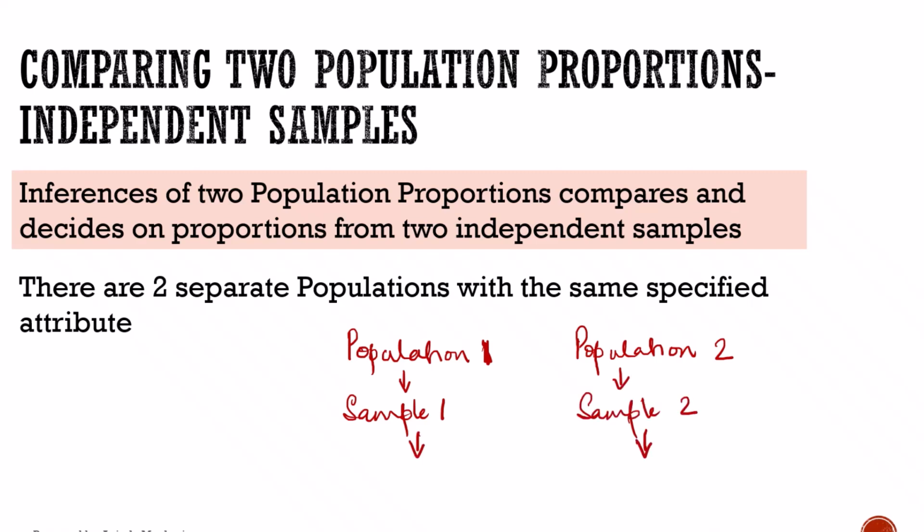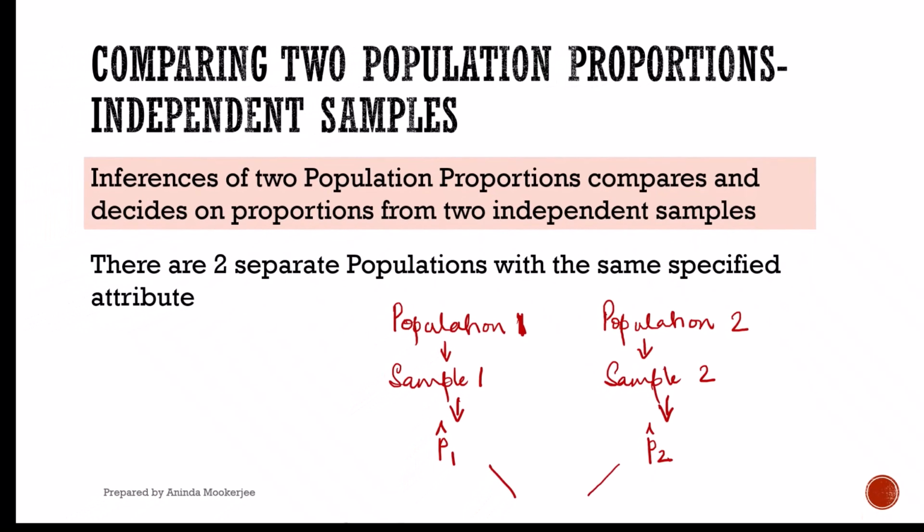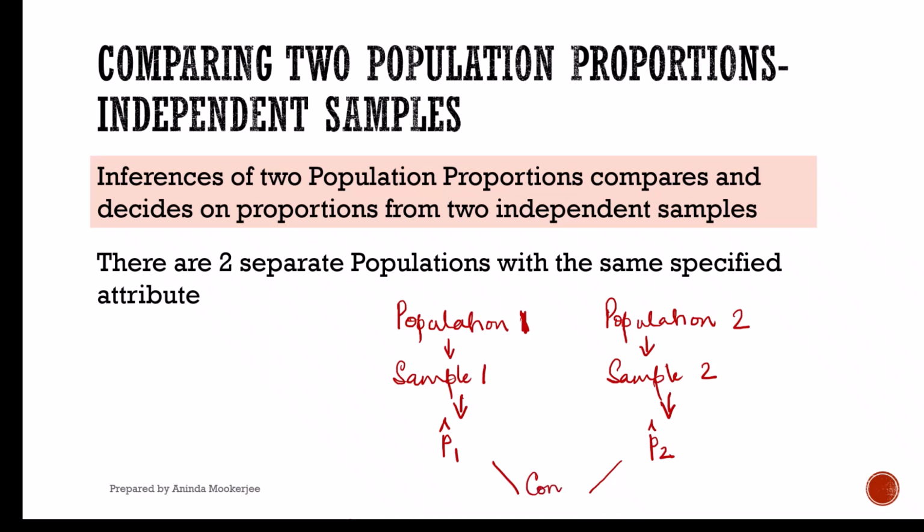With each of these samples, we will perform descriptive studies. We will come up with p hat sub 1, a sample proportion from sample 1. Since this is a study on proportion, from sample 2, we will come up with p hat sub 2. And once we have those descriptive measures, we will be comparing them.